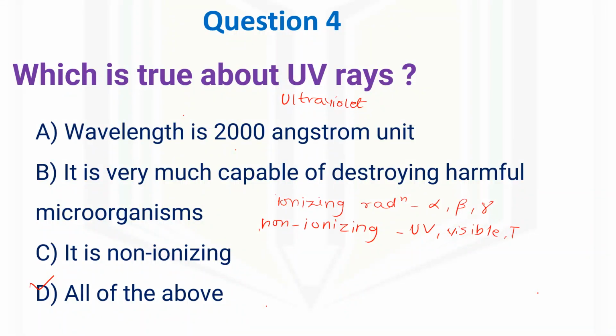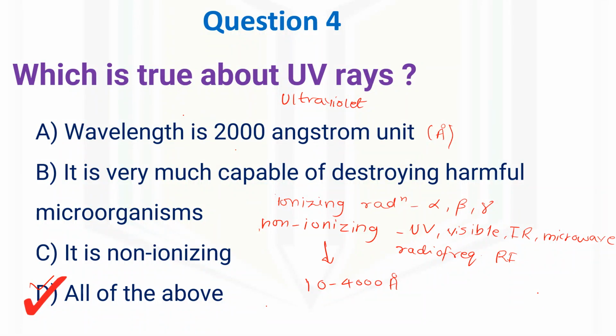Then IR is the infrared, and then microwave radiations, and the last one is radio frequency, which is the RF. So these are non-ionizing radiations, and they are in the range of 10 to 4000 Armstrong units. So Armstrong is written like this, Armstrong unit.